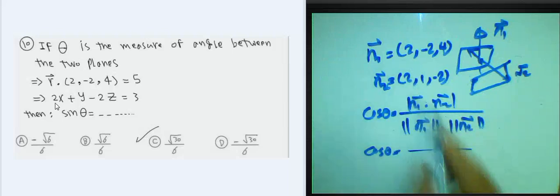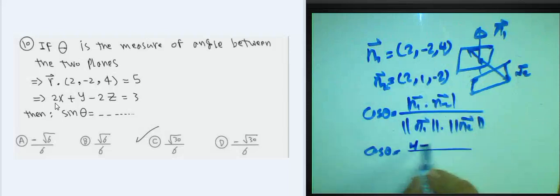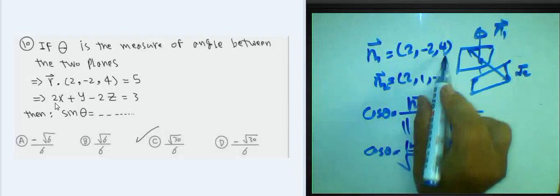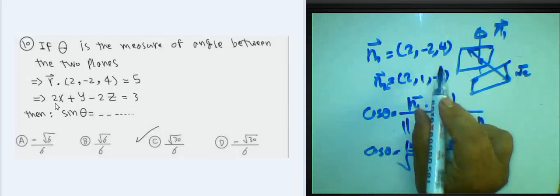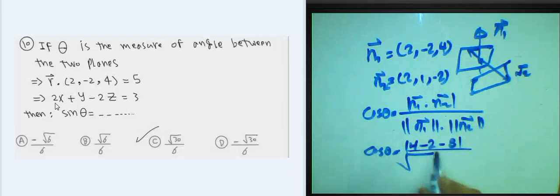We can write 2 times 2 equal 4, negative 2 times 1 equal negative 2, 4 times negative 2 equal negative 8. Here square root of first 4 plus 4 plus 16, it will be what? 4 plus 4 equal 8, and 16, and square root of 4 plus 1 plus 4 equal 9.